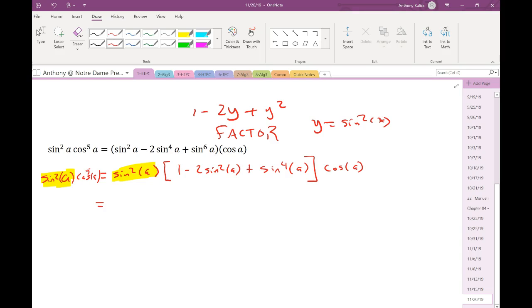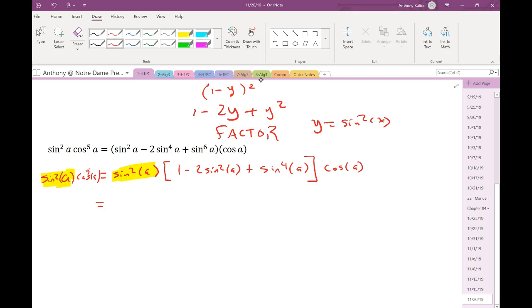Okay. We can look at that in a moment, but this is by far going to be the easiest. So how is 1 minus 2y plus y squared, how does that factor? Well, 1 minus y times 1 minus y. We don't want to, though.